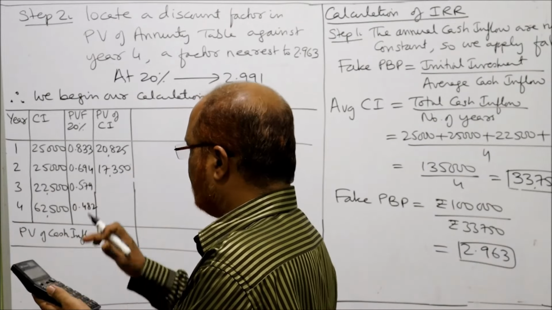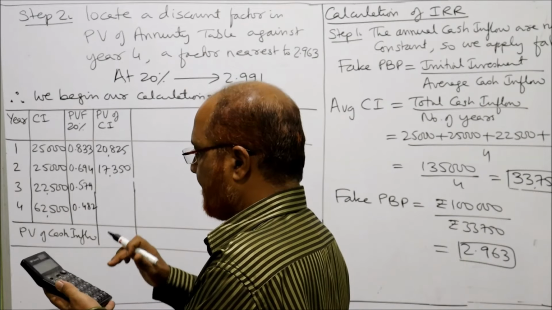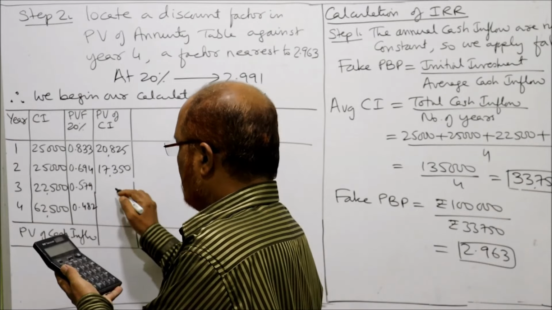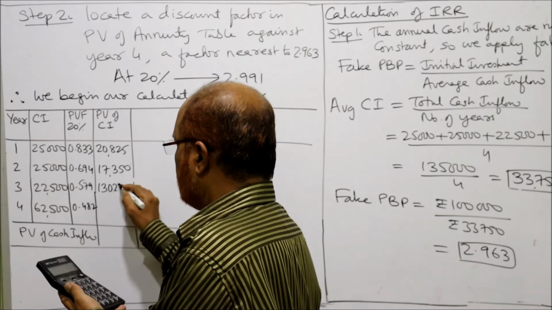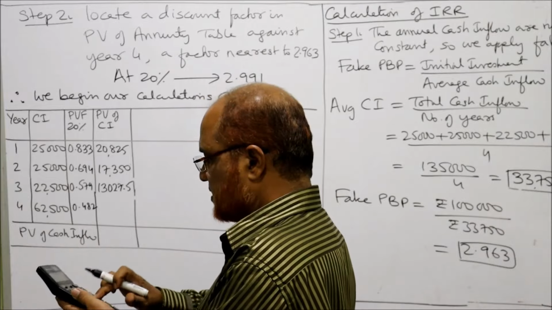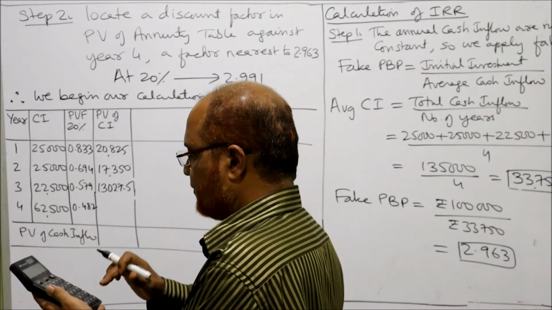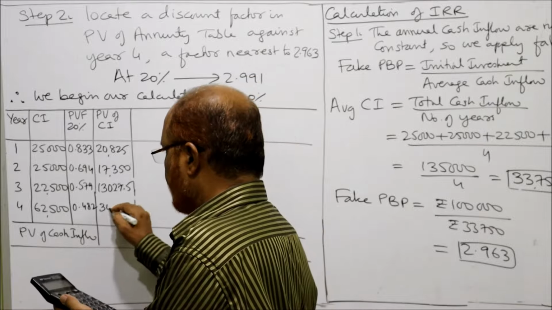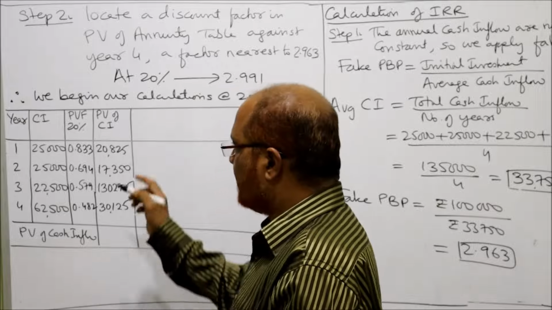Then 22,500 into 0.579, 13,027.5. Last one, 62,500 into 0.482, 30,125. Over. Now we add up.